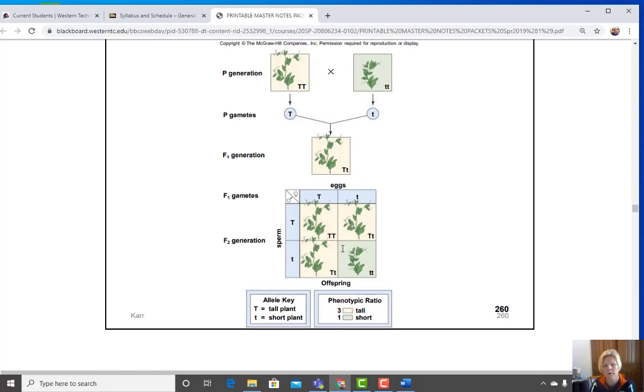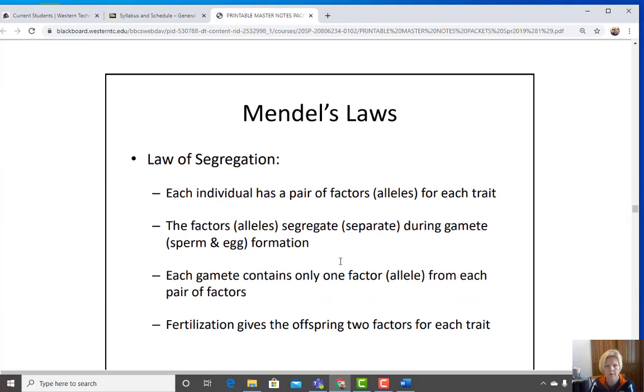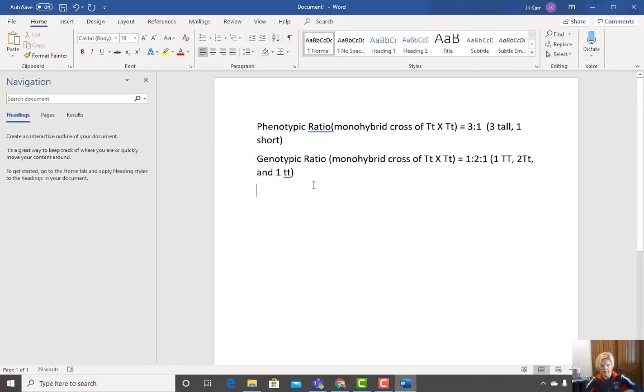So he said each individual has a pair of factors or alleles for each trait. An allele is just an alternate form of a gene. When we define this, you should write this down. Anytime I'm writing something here, it's like I'm writing on the board. Write this down in your notes because it will appear on the test.